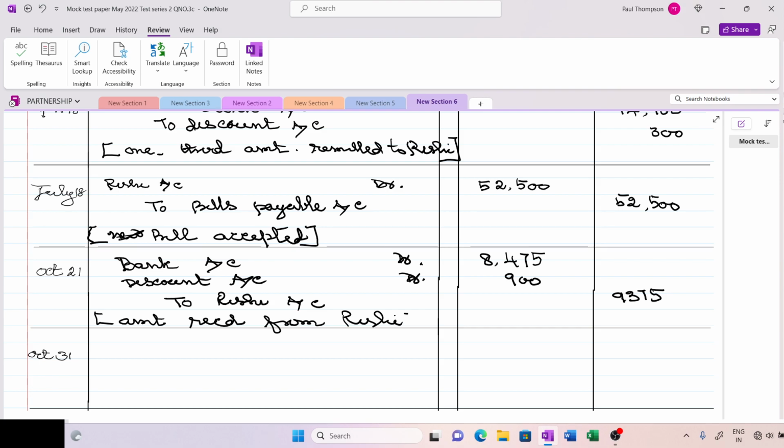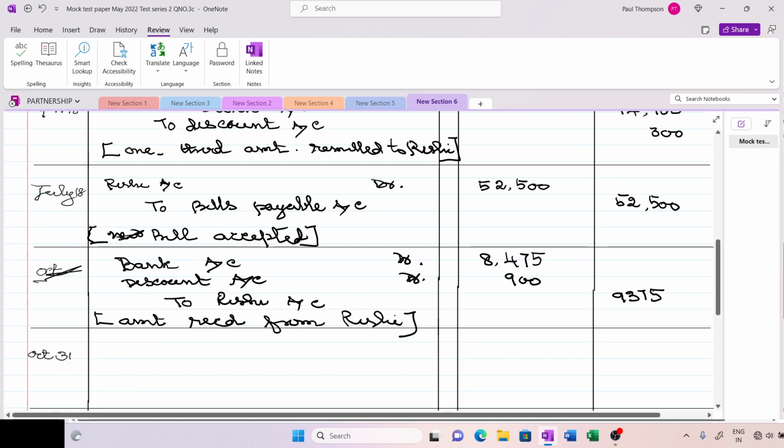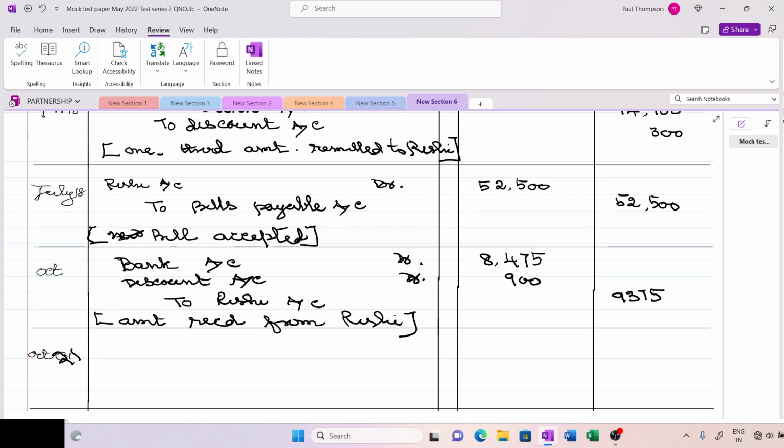Okay. Now what happened? The due date was October 21. What happened? Ravi becomes insolvent. Immediately what we should do? We should reverse the bill. So now we will be reversing the bill.